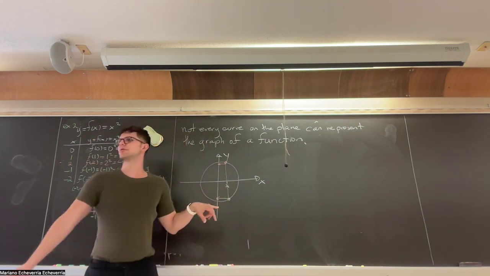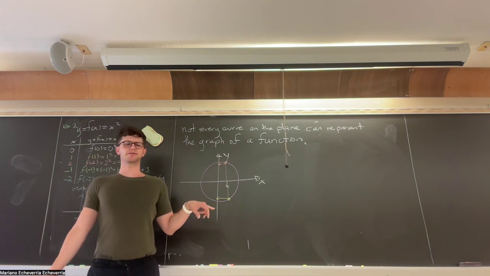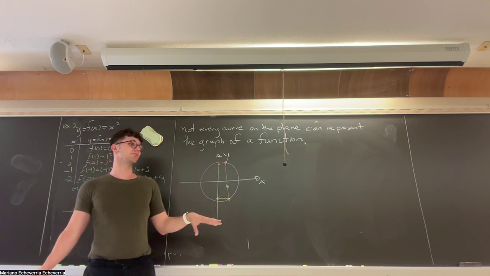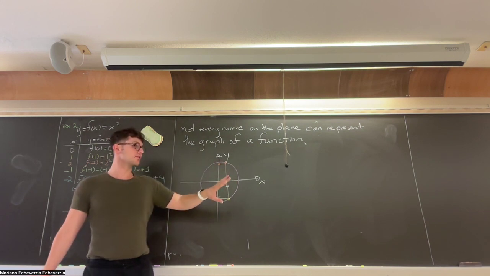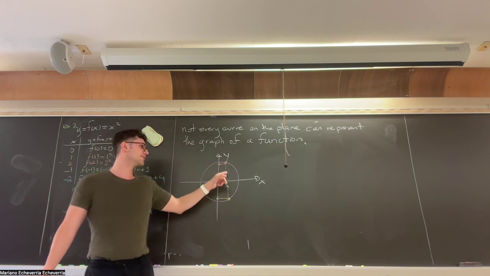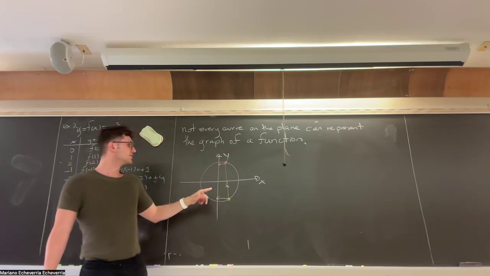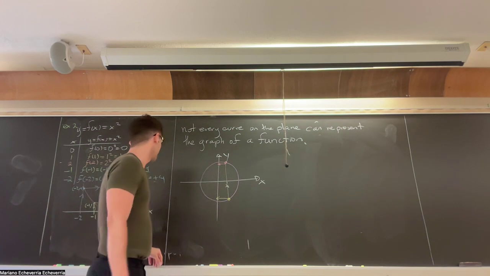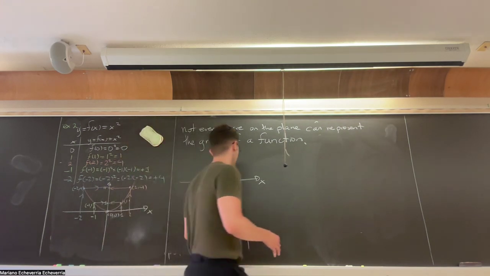It's similar to the example I did at the beginning of the class with the favorite color, where you answer two colors. You can only answer one color, or you can only give one assignment to x. So this is being assigned 2 points, or two values for the output, so it cannot be the graph of a function.